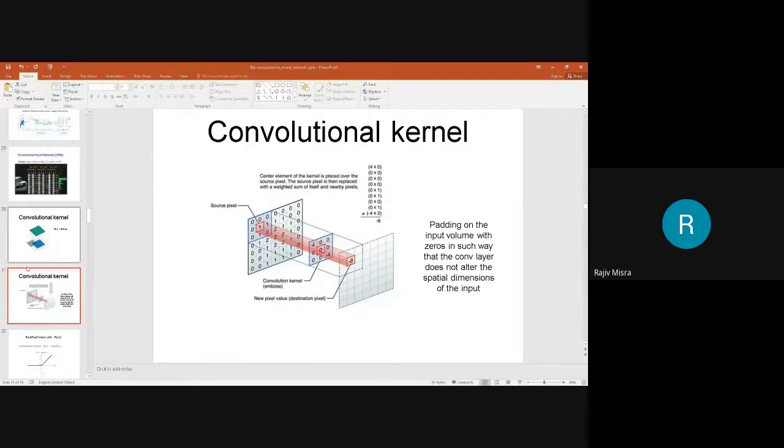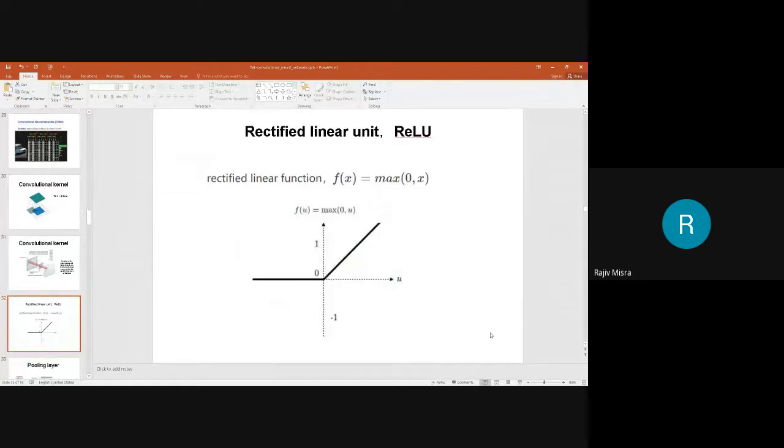Now the next issue which we have discussed is that after this convolution operation, we require an operation called ReLU. That is, the ReLU activation layer will be performed.